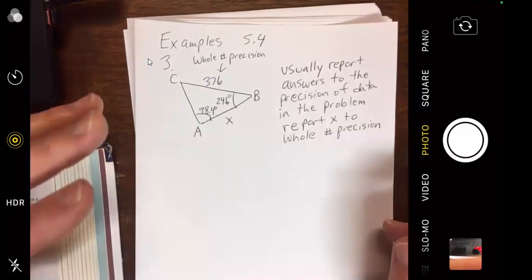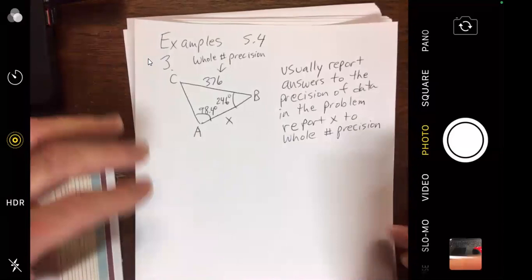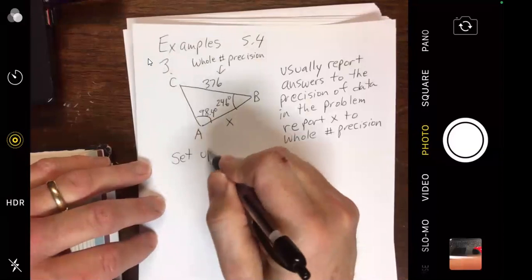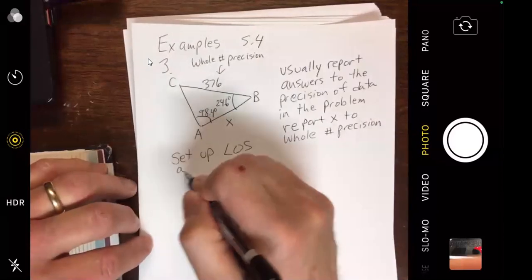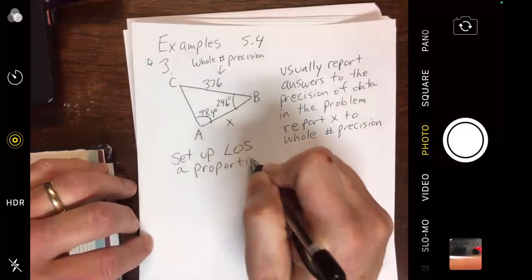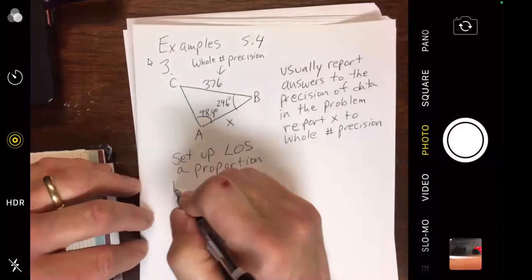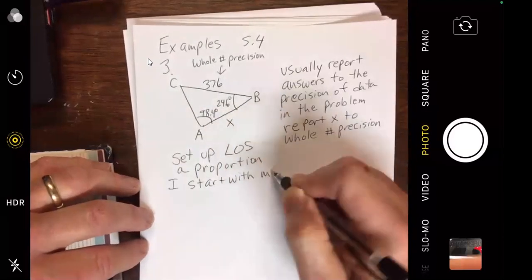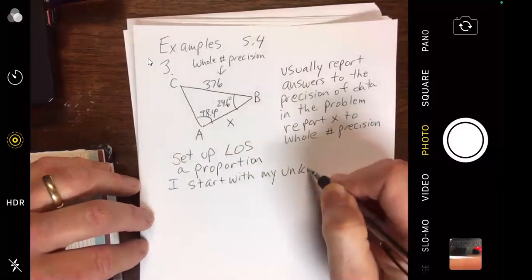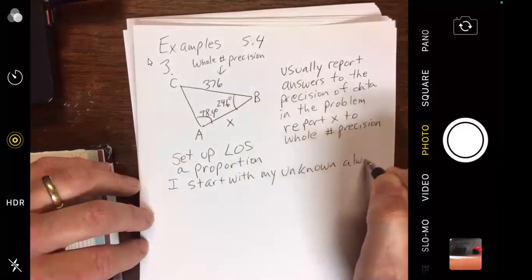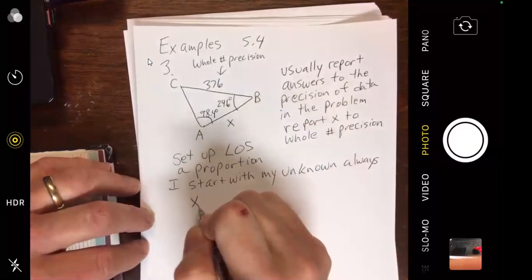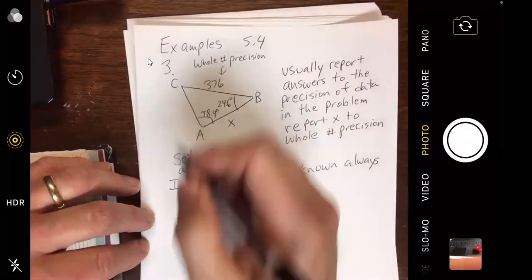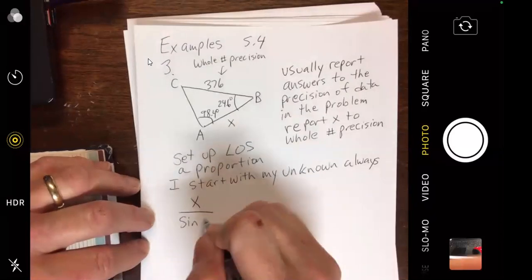There can be multiple ways to do these kinds of problems. You want to set up LOS. It's a proportion. You can set it up any way you want. I start with my unknown, so I start with X over the sine of angle C. It's opposite, the sine of the angle on its opposite side.